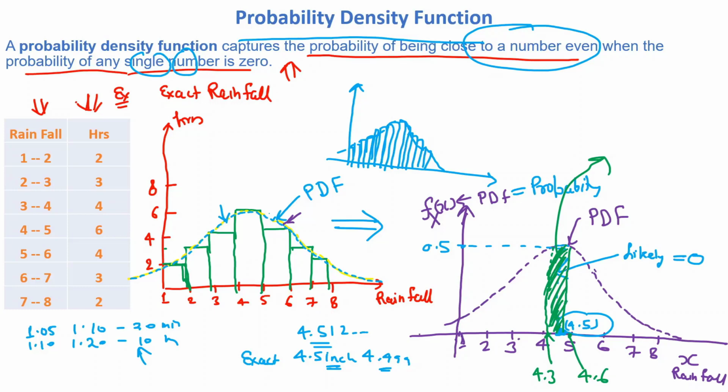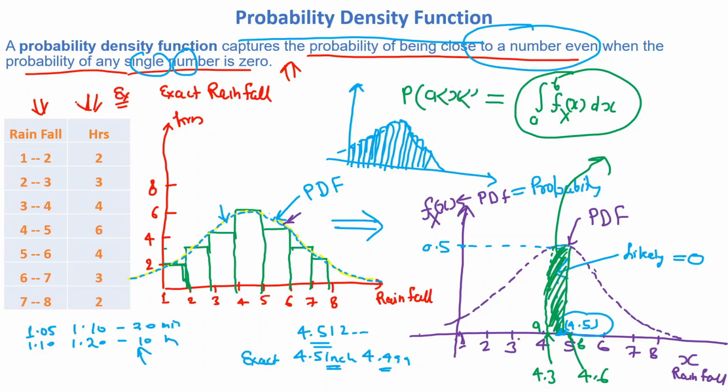So how do we measure the area of that particular region? You can use the integral. This is point A and this is point B. So we can say the integral from A to B of f of x dx. This way you can measure the area. This is called the probability when x lies between A and B.